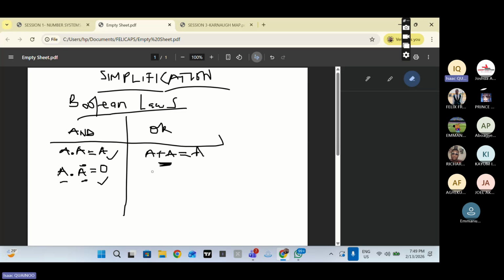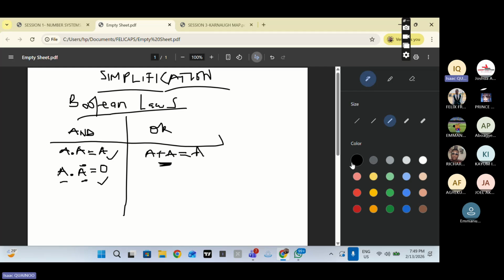We are also saying here that for this same expression, which is A and A bar, if you have A plus, yes, sir. Please, I have a question. You said A dot A bar is equal to 0, right? Yes, sir.